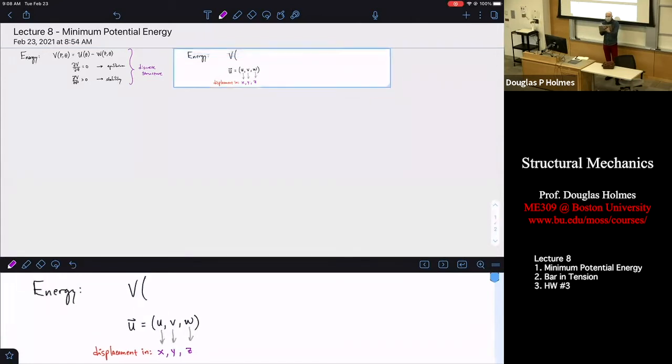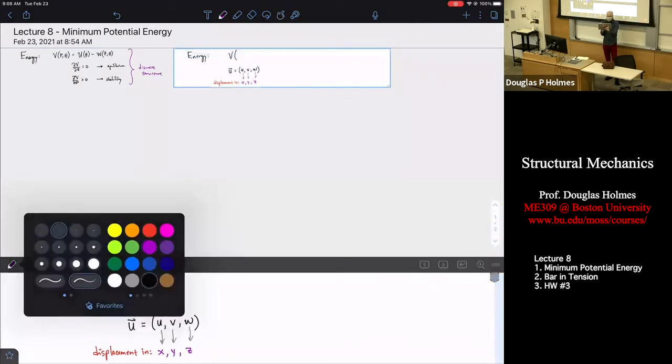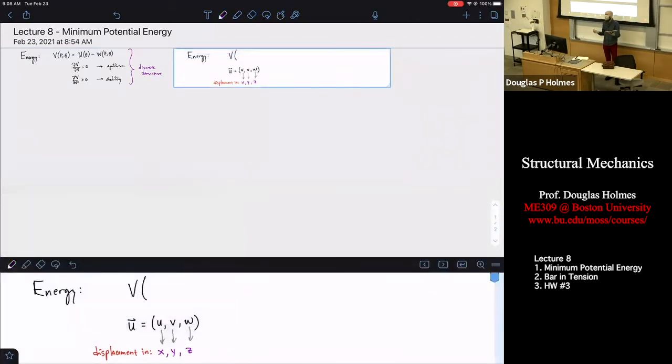And so the problem here is that our total potential energy will depend on my displacement vector, which depends on where you are in the bar.